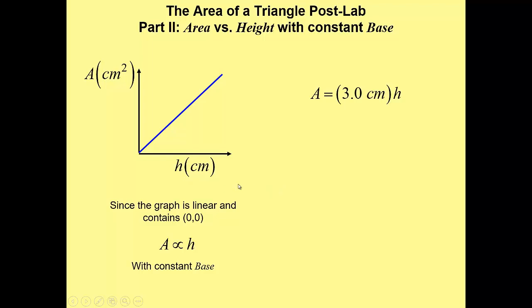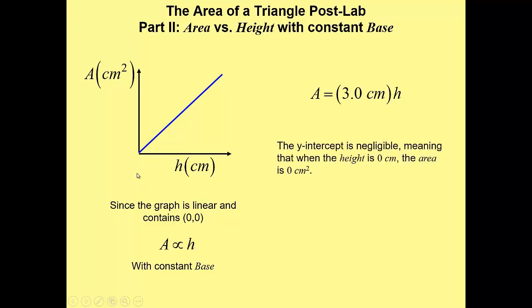And the y-intercept, again, I hope is a really small number, because logically it makes sense that if our height is 0, our area will simply be 0. So this is negligible. You can neglect it. If you take 5% of your maximum area, it's going to be a much bigger number than your little y-intercepts you got.